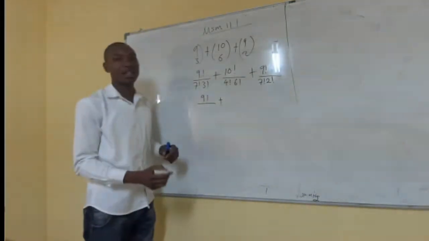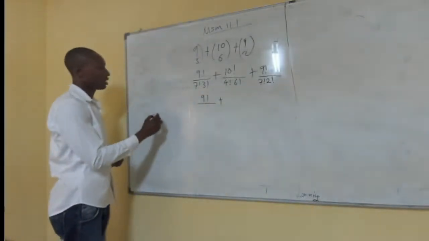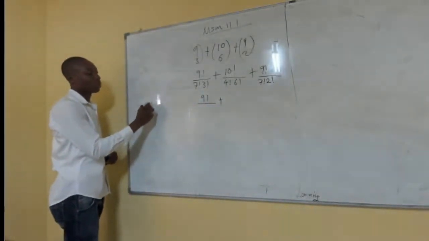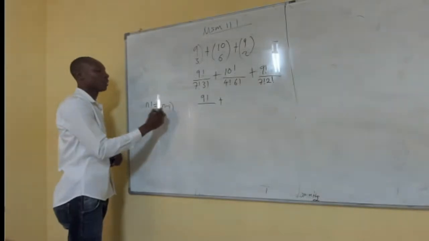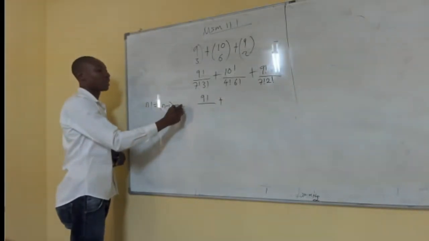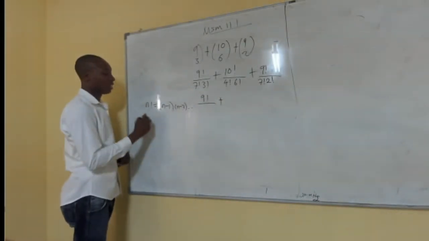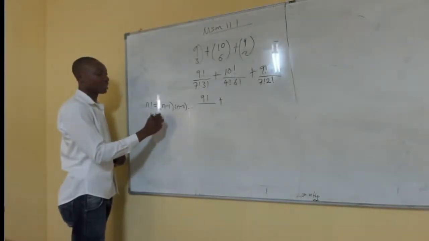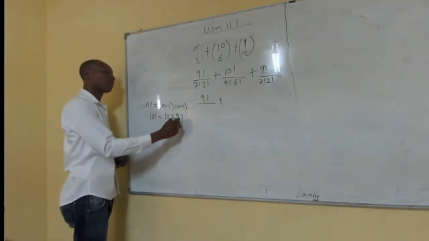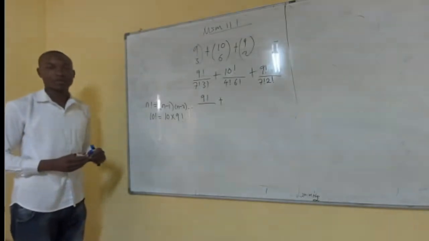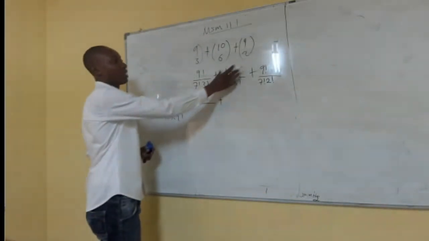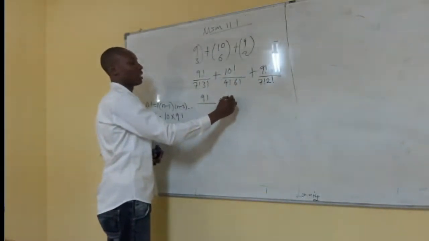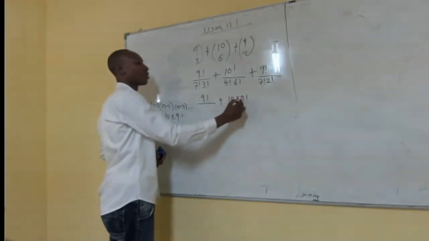Plus, what is 10 factorial? Remember, we talked about this, n factorial is n times n minus 1, n minus 2, and so on. So 10 factorial can be written as 10 times 9 factorial. Meaning where there's 10 factorial, I can say 10 times 9 factorial.